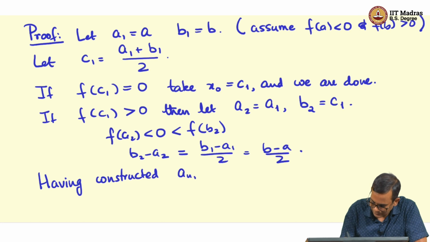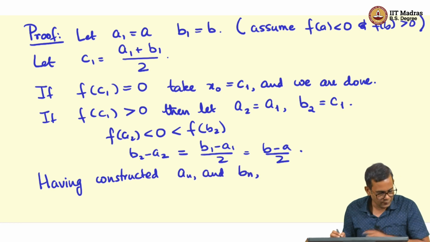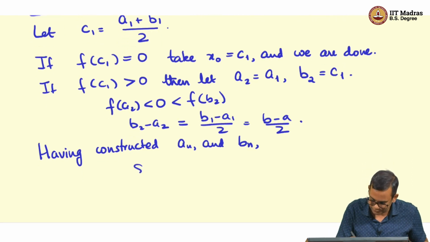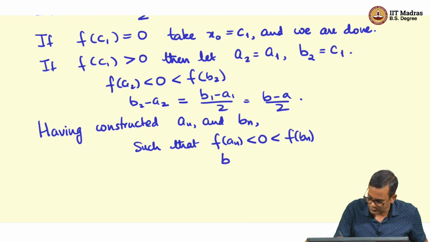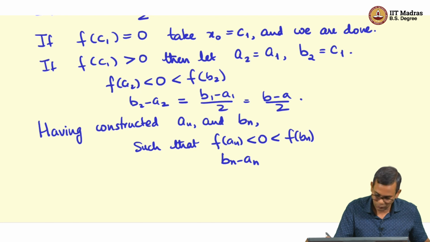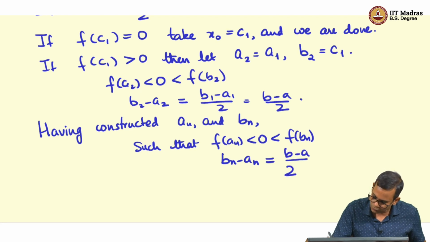A n and B n, and we will assume that f of A n is less than 0, which is less than f of B n, and also that B n minus A n is equal to (B minus A) divided by 2 to the power n minus 1.